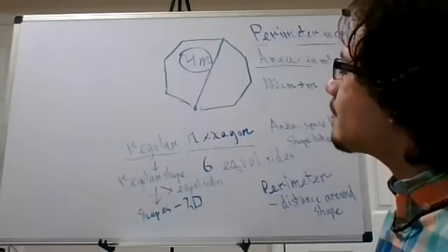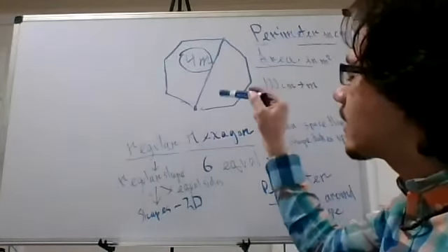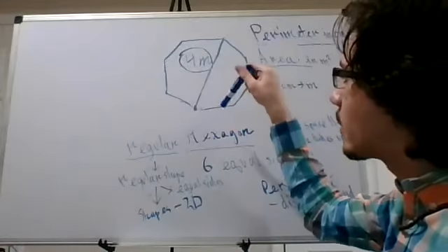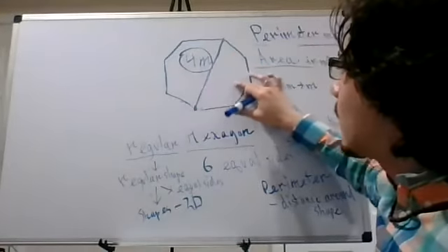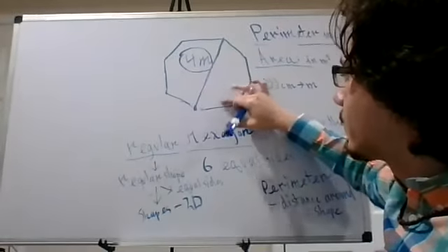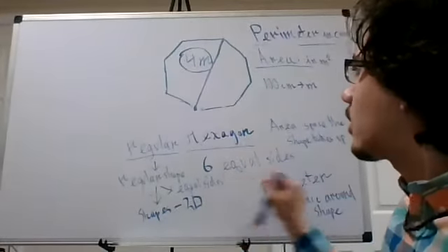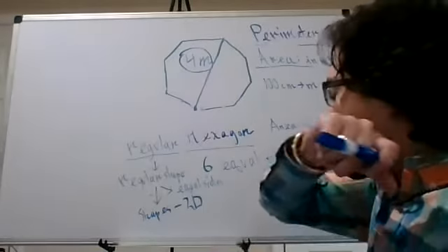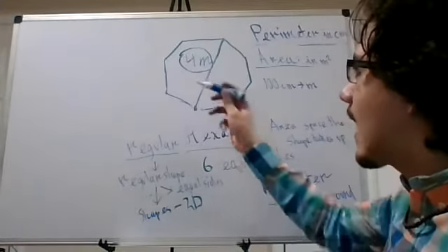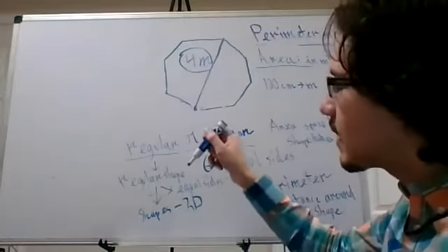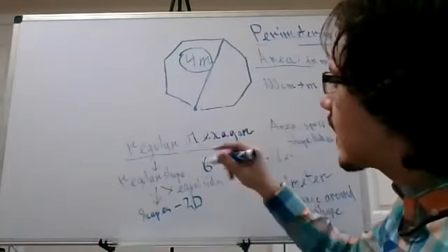Since the hexagon has flat sides all around it, what do we know about shapes? We know that they're 2D, and we know that they have closed sides. But earlier we said that all regular shapes that have flat sides like this can be broken down into triangles.